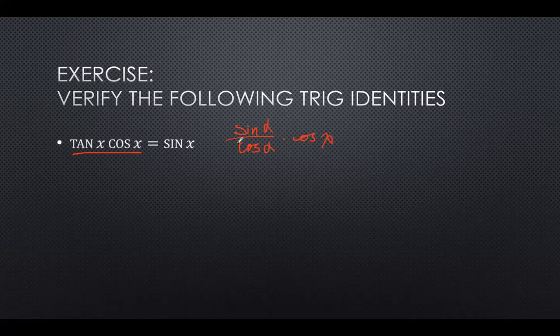Now we cancel out the cosine because they are in both the numerator and denominator. After canceling, you only end up with sine of x, which is what we want, the right-hand side.